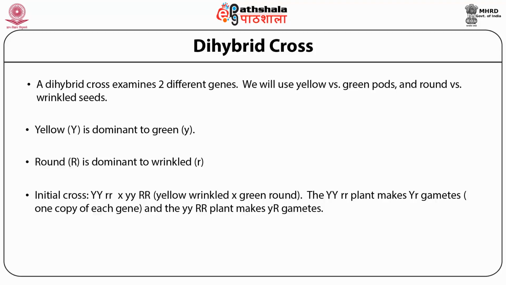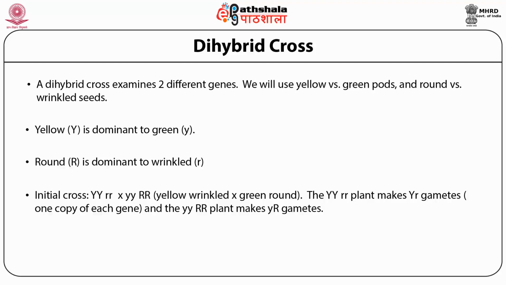It means yellow wrinkled crossed with green round. The YYrr plant, capital YY and small rr, makes Yr gametes, where Y is capital and r is small, one copy of each gene.